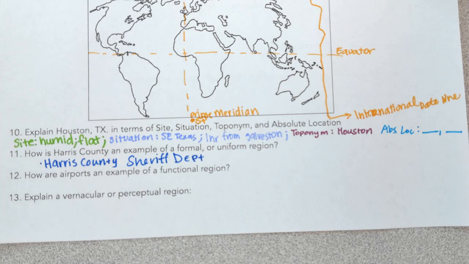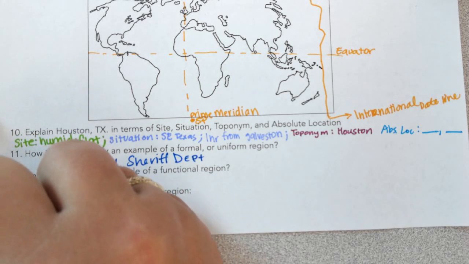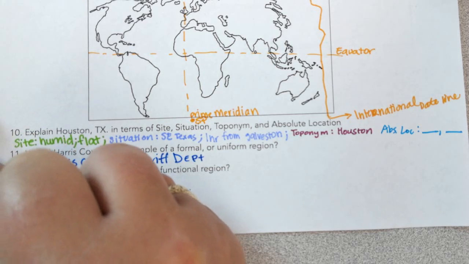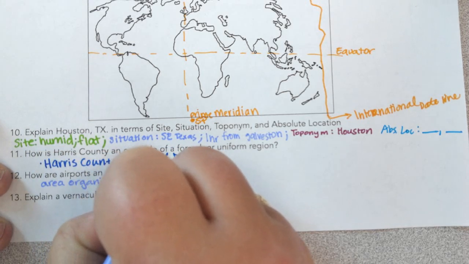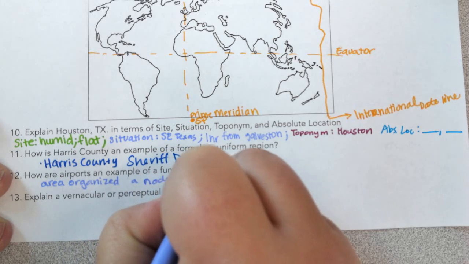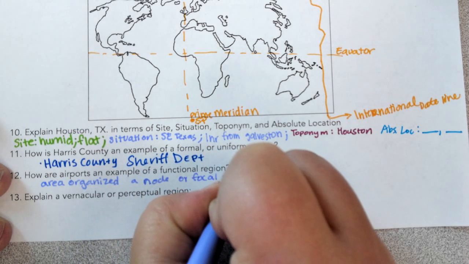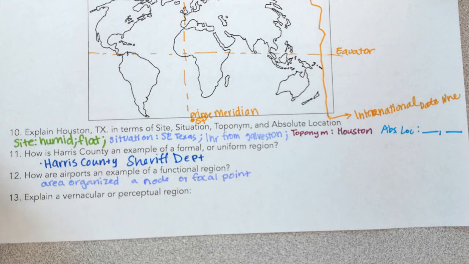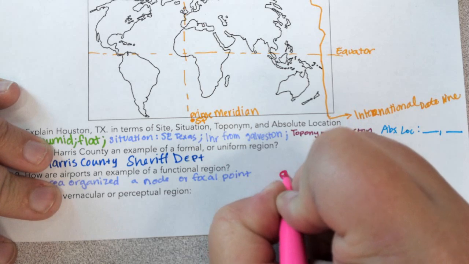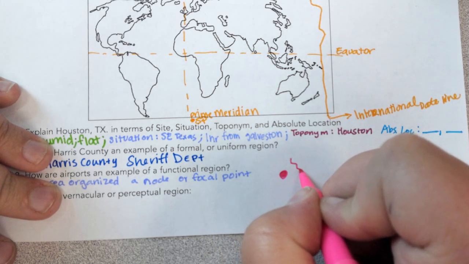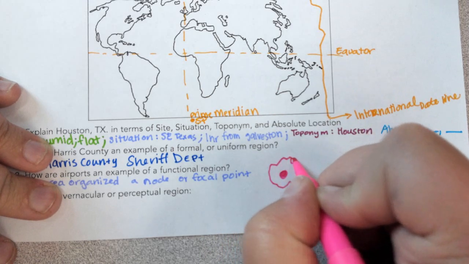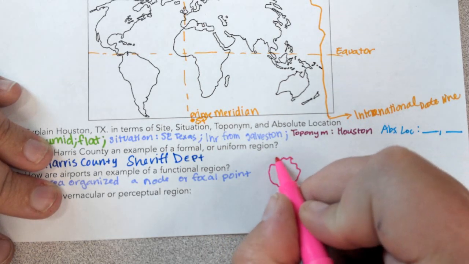Now, how are airports an example of a functional region? A functional region is an area organized around a node or focal point. Basically, when the airport is here, that's going to make everyone surrounding the airport want to go to that specific airport, even if you live far away.